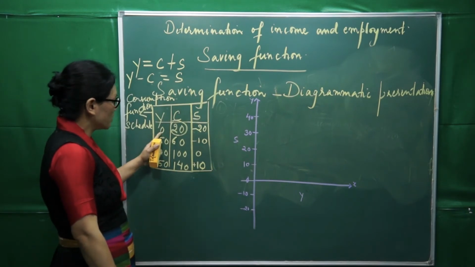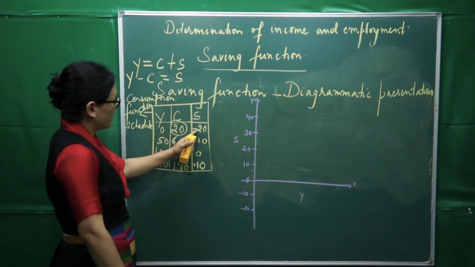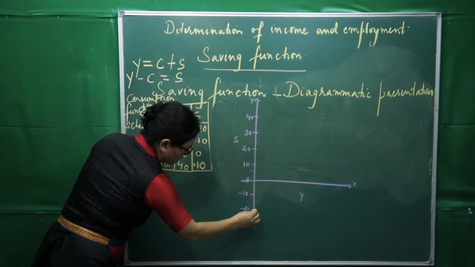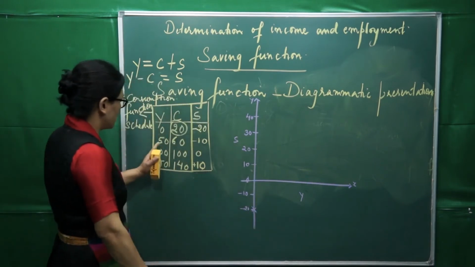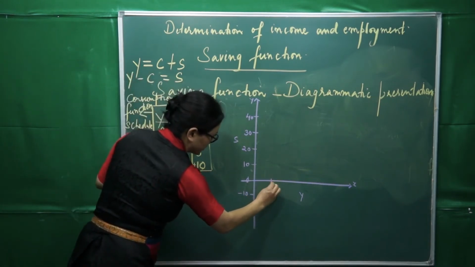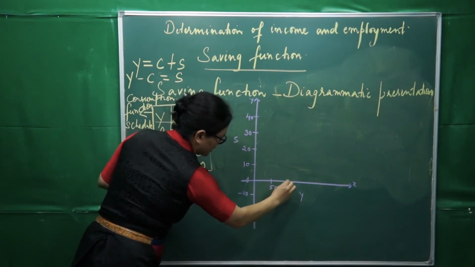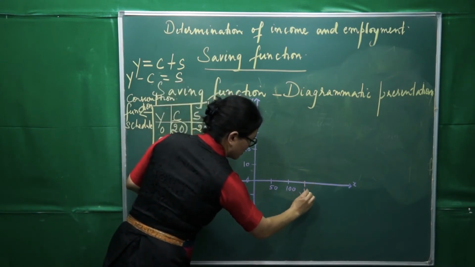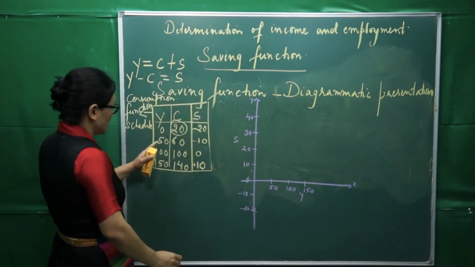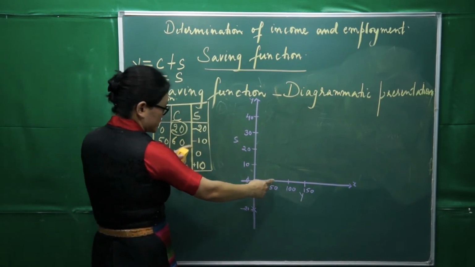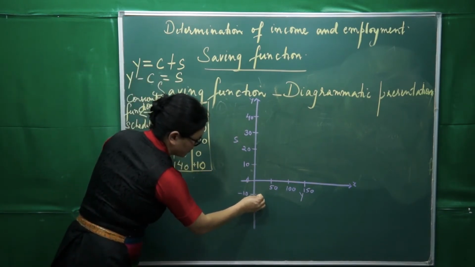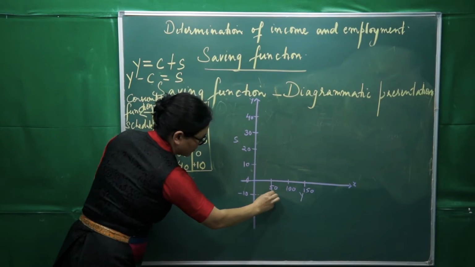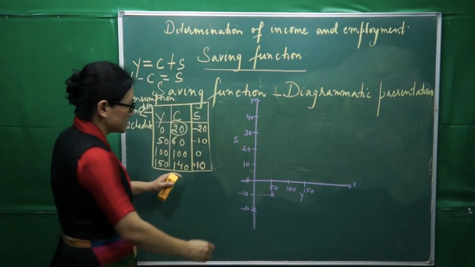So now when income is 0, saving is minus 20. So income 0, minus 20. So we will write here 50, 100. Okay. Then it is 50, minus 10. Here 100 and 100.